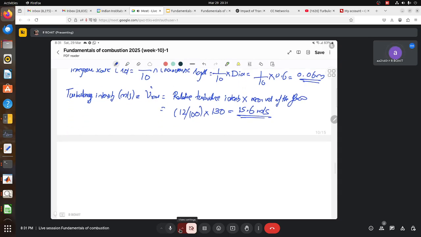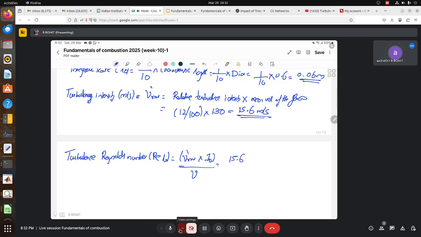Then your turbulence Reynolds number can be written as Vrms into L0 by mu.